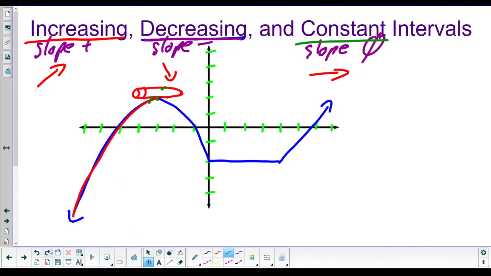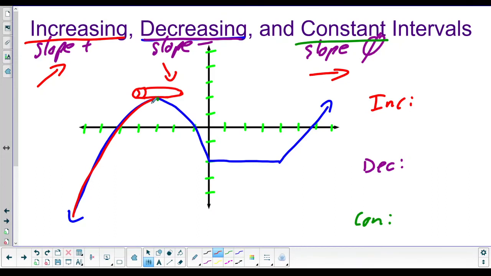This has a special name in calculus. It's a critical point, but I don't know that they care about your critical points here. So what you care about is where this increasing section is. So we're going to write down our increasing interval, our decreasing interval, and our constant interval.